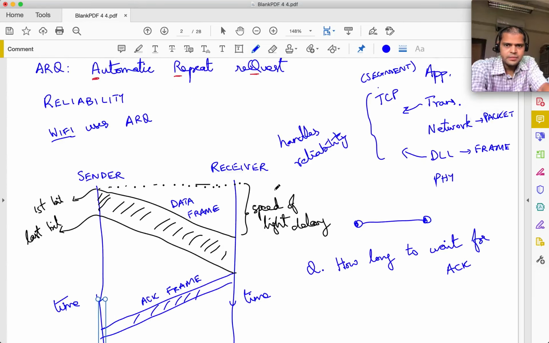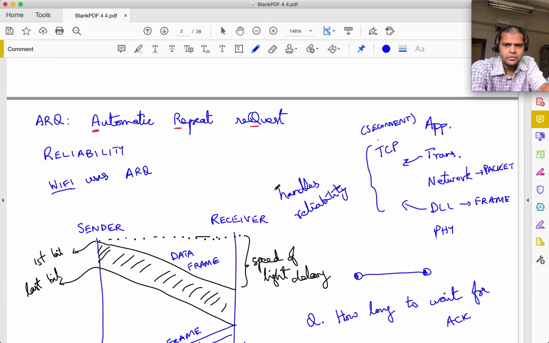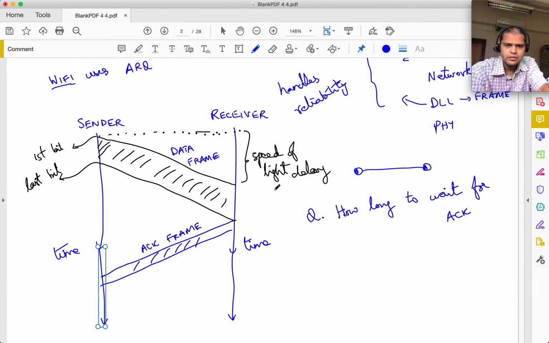When we study TCP, we'll realize that setting the timeout value is a non-trivial question. Because what is the destination? The destination could be google.com, it could be IIT's website, right? And for IIT's website, obviously, if you're on campus, the round trip time is going to be very, very low.